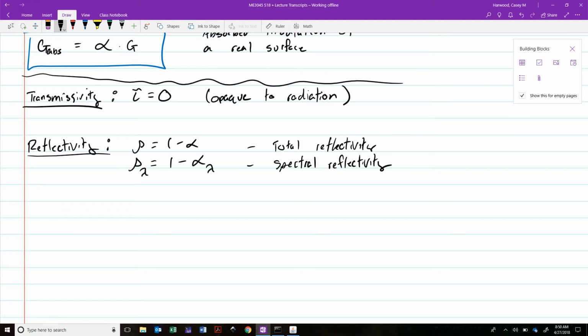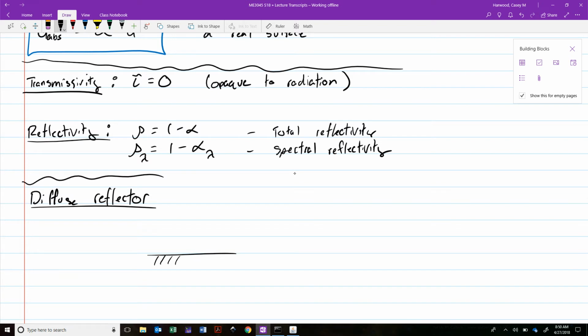type of radiation that's going somewhere is reflected radiation. And so I want to specify what a diffuse reflector is. And this is a pretty natural extension of the idea of a diffuse emitter. If we have a surface and it's got some radiation incident upon it, we'll say here's G, and of course, some of that is going to go into the surface, and that's going to be alpha G, and some of it is going to go out of the surface, and that's going to be the reflected radiation.